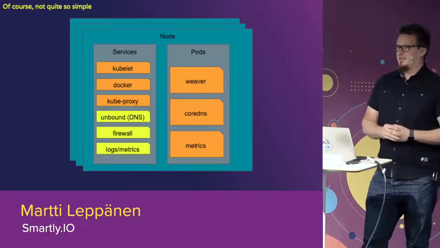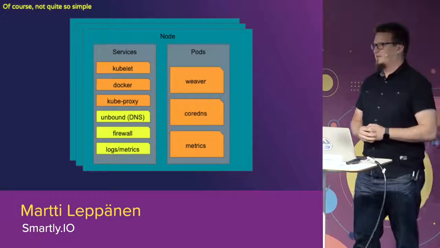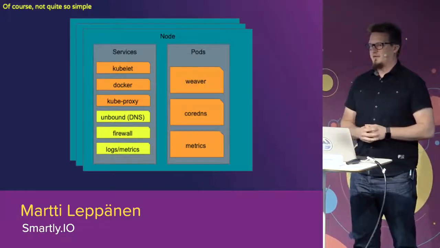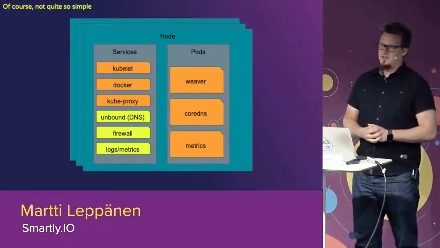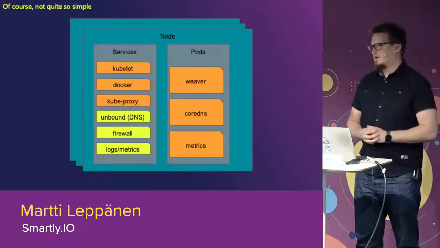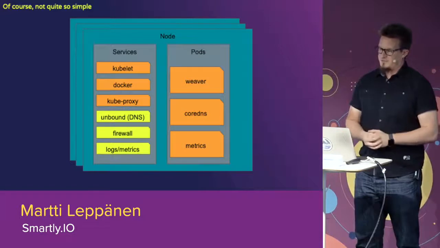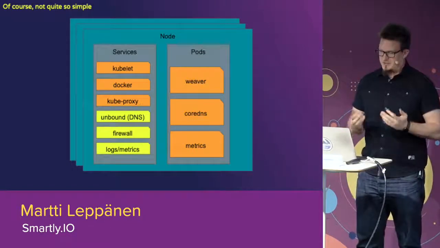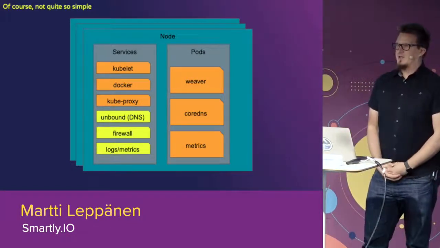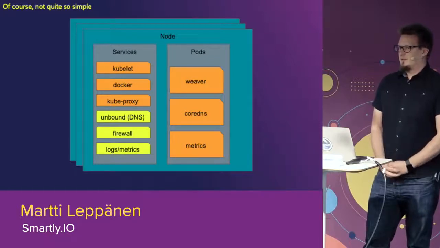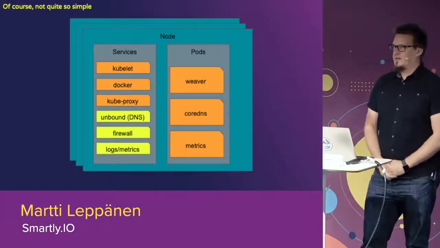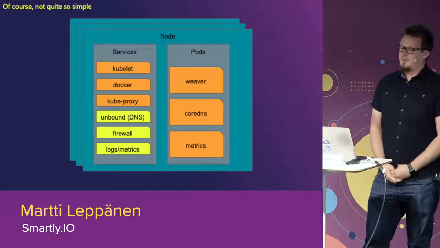And then obviously in pods as well, you have to have some method of gathering metrics. You can have Prometheus running as a pod, or some other system that gathers metrics from your Kubernetes system itself. You definitely need to have ways of monitoring kubelet, monitoring Docker, monitoring Weave, and all of those services you're running.